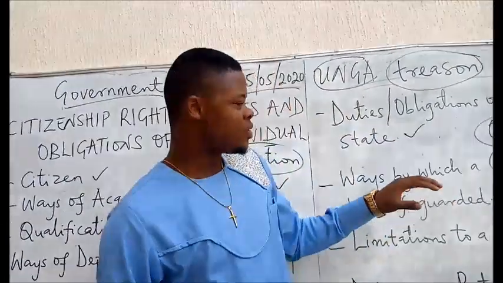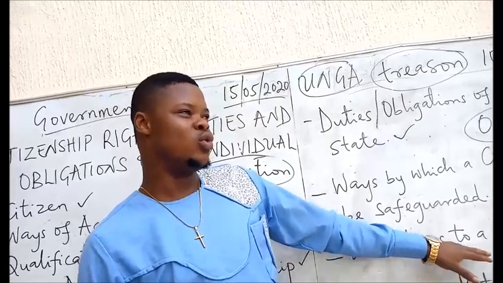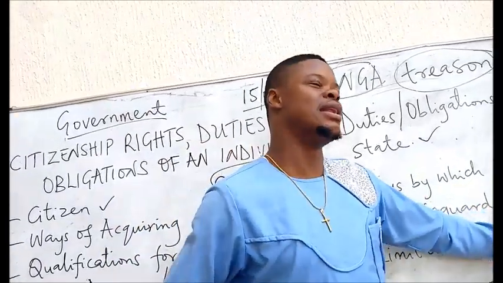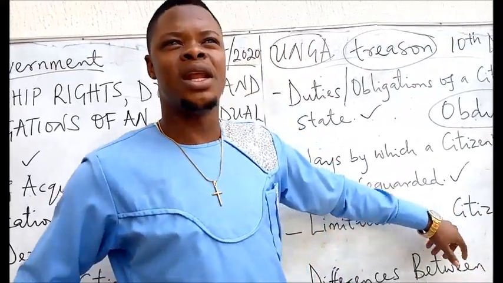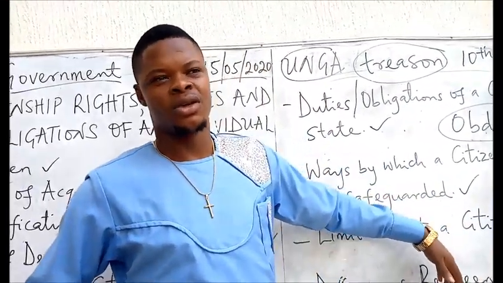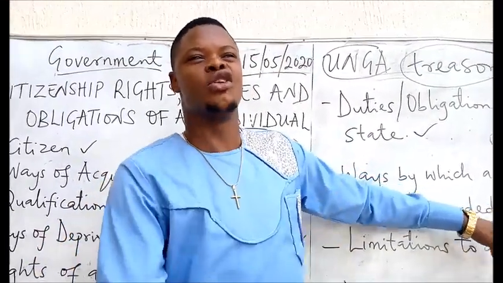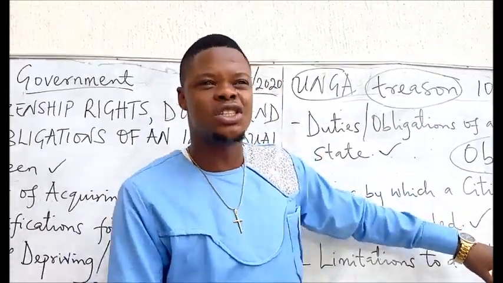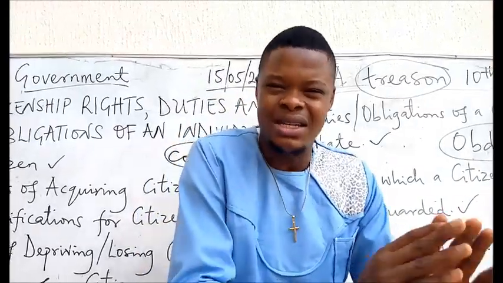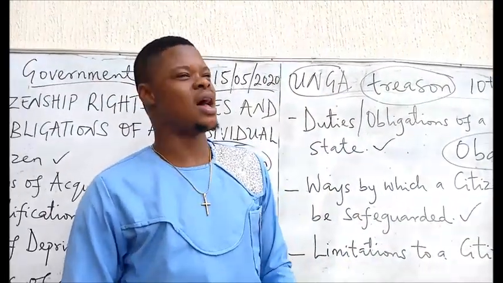And then another limitation, this one to the right to ownership, is public property. So if government takes over a property, then your right to ownership is limited once that property is concerned. And so on and so forth.